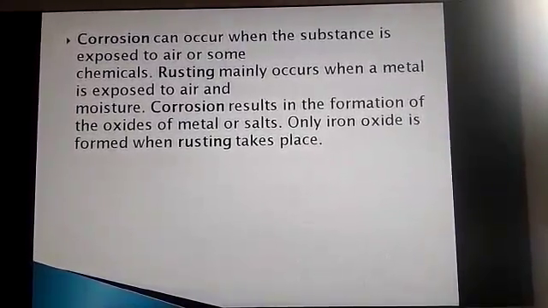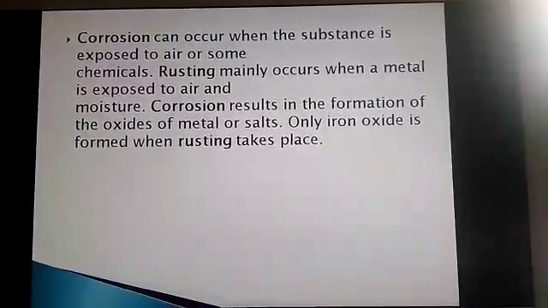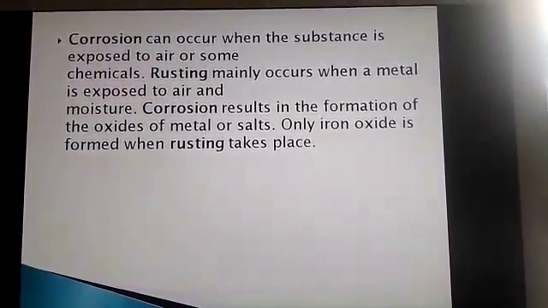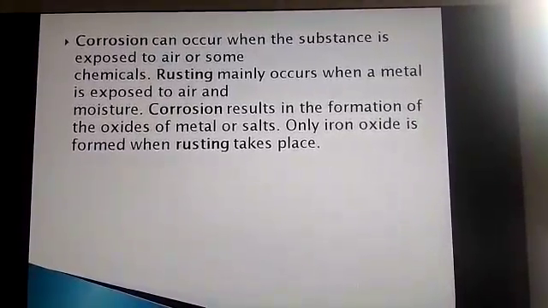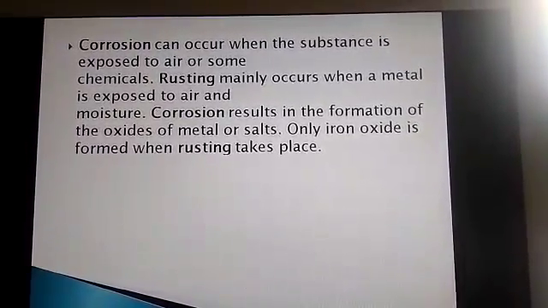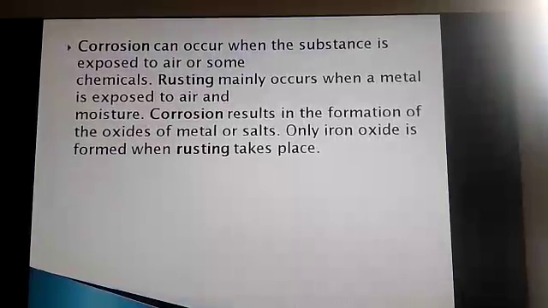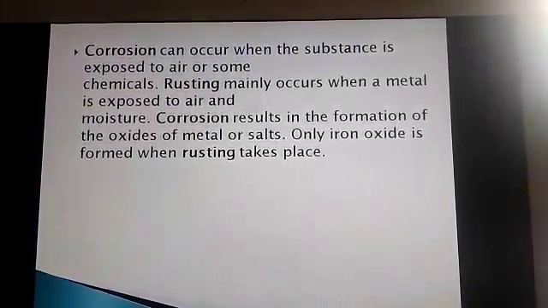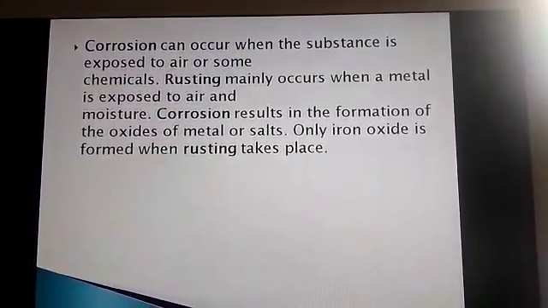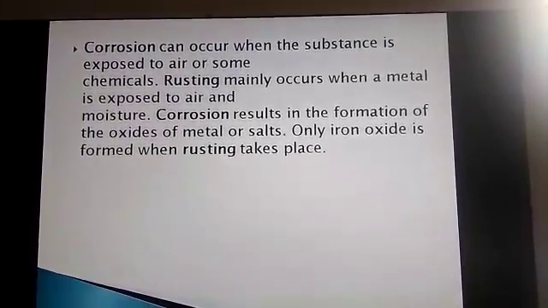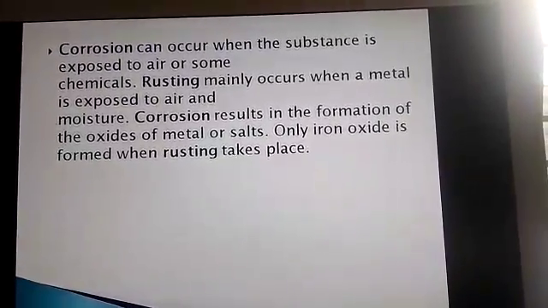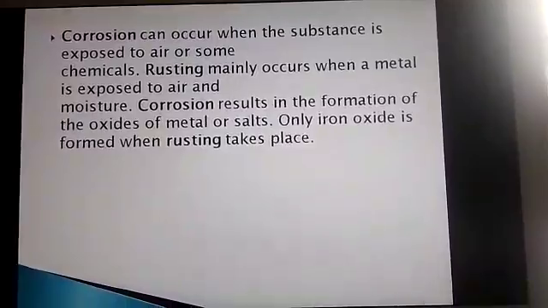For example, an iron material, may be a rod or a window, is exposed to air without painting. After a few days, what will you observe, children? You will observe the iron coming off like flakes.